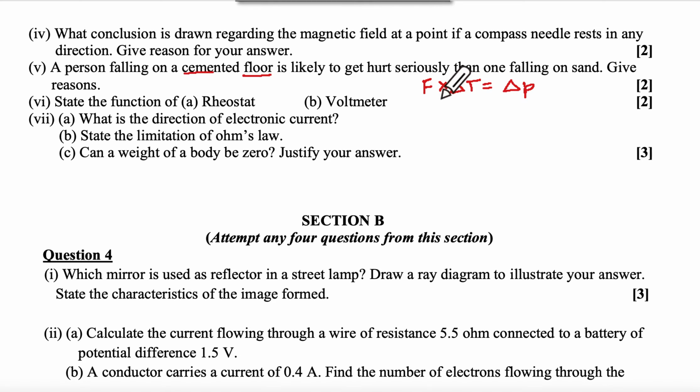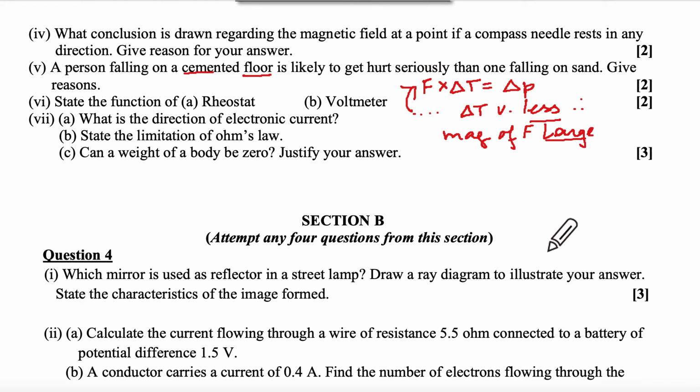So you write this and then you say that on cement floor delta T is very less, therefore magnitude of force is large. I'm writing it in short by this equation, correct? On the other hand, if he is landing on the sand pit, then delta T is large and that will give less force, yes?